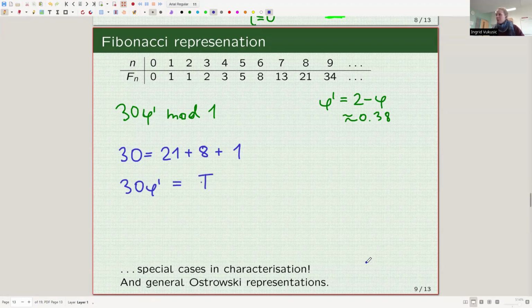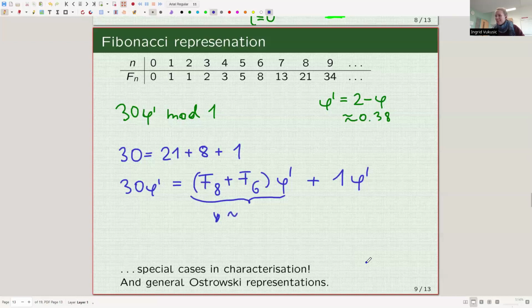So that's F8 plus F6, those are these two numbers, phi prime, plus 1 more phi prime. And now I know where this number lies because of the best approximation property. Remember, if we multiply phi prime by a Fibonacci number, it's going to be super close to an integer. So this is going to be roughly 0 or maybe 1, depending on how you look at it, mod 1.